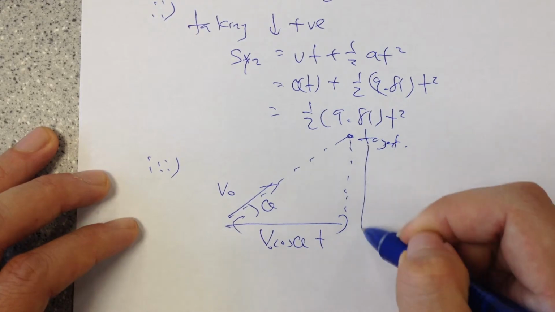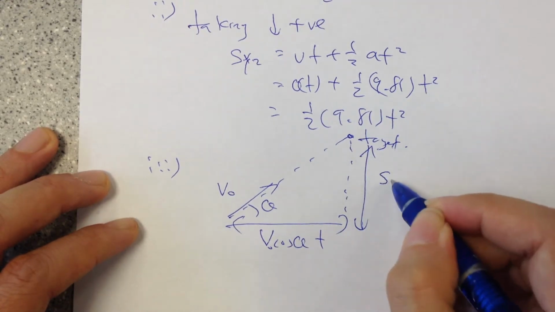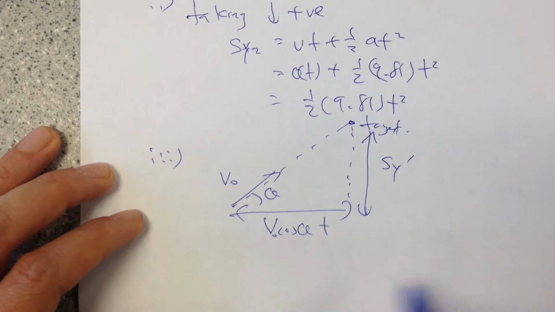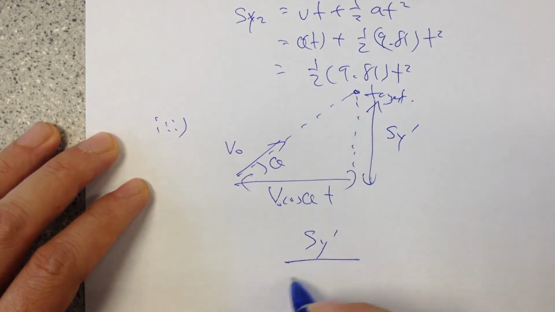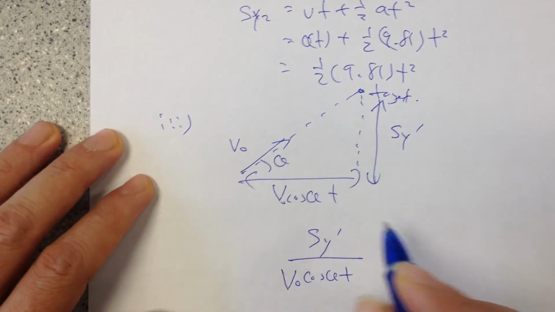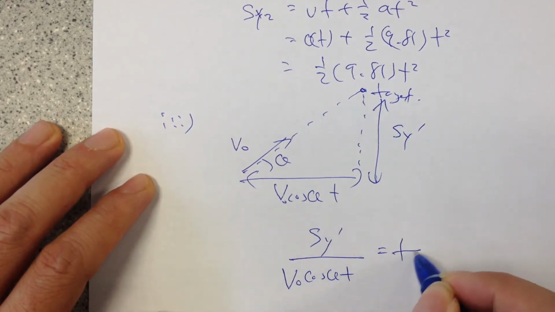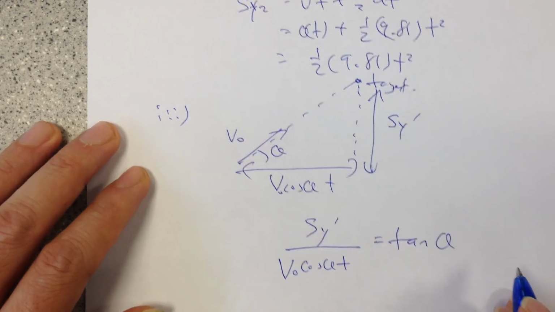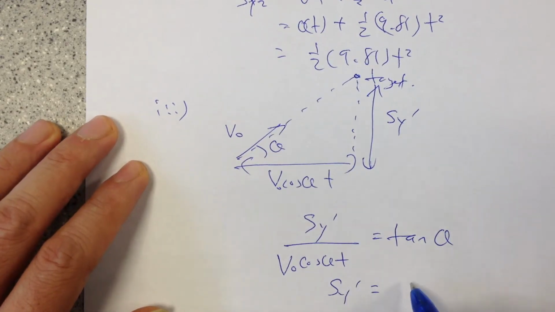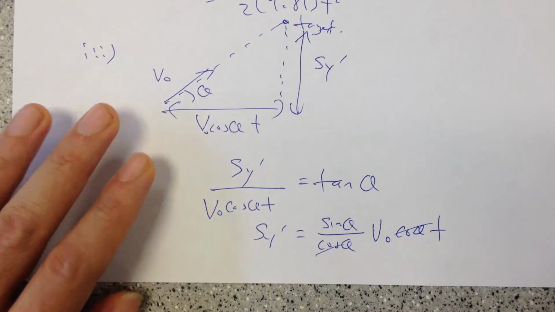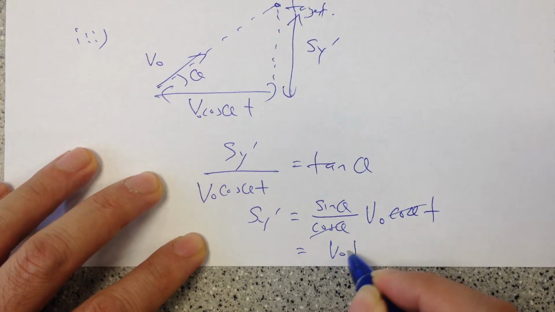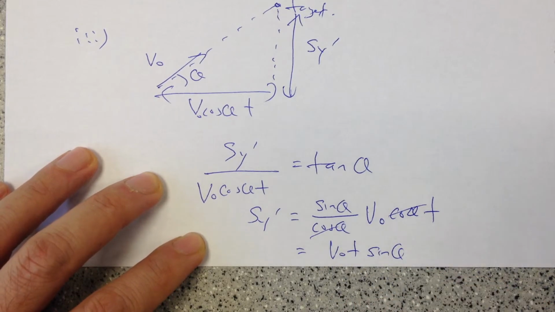So what is this distance? Sy prime, for example. We know that sy prime divided by v cosine theta t, the horizontal displacement, must be equal to tangent theta. So sy prime must be equal to sine theta over cosine theta multiplied by v cosine theta t. These two will cancel off, and that will give you v t sine theta.